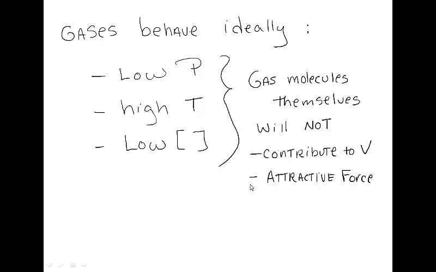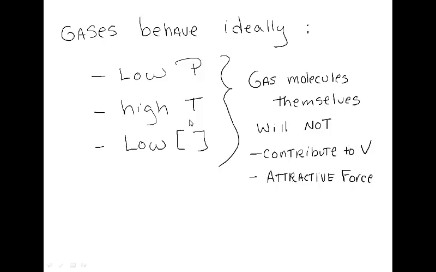Now you think about it logically, these variables will achieve these goals. Low pressure means high volume. That means that you are going to have gas particles just spread out all over the place, not even knowing the other particle is in existence, let alone being attracted to it.